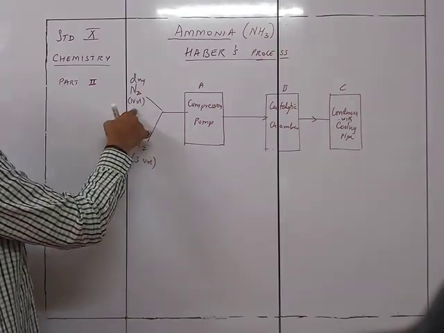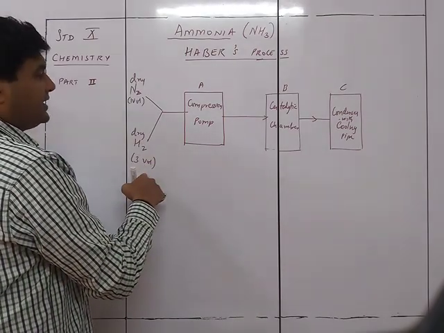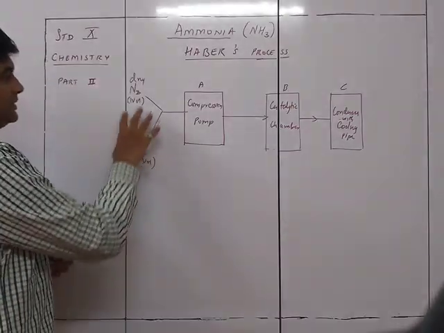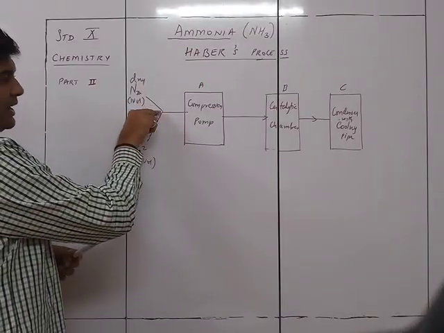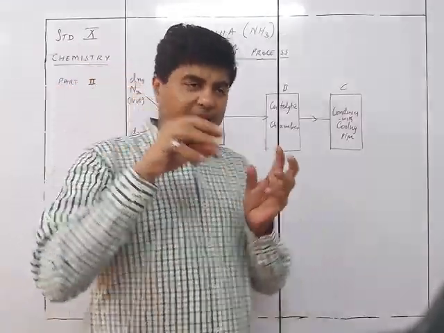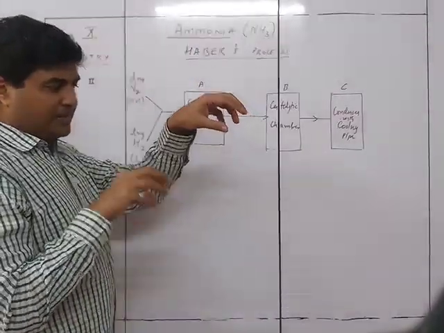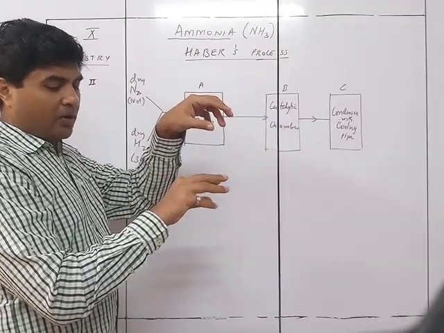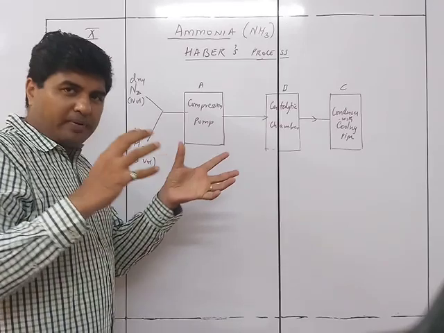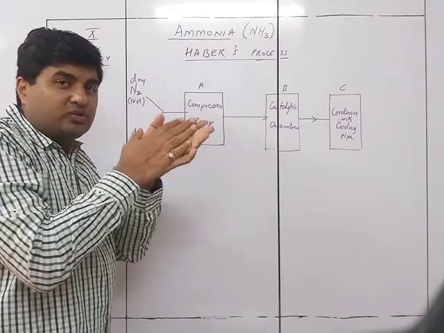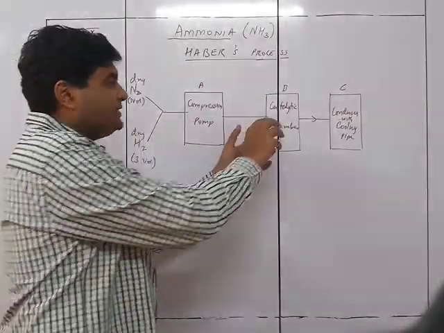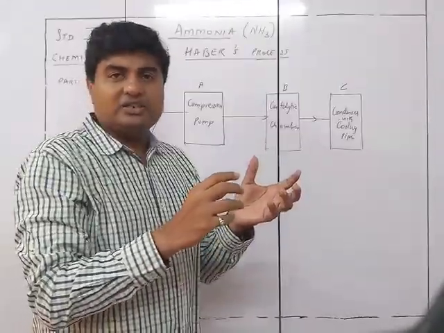So 1 volume of nitrogen and 3 volumes of hydrogen is taken in as the raw material, and they are made to pass through a compression pump. The compression pump will compress them so that the miscibility is more, and then it is made to pass into the electrically heated catalytic chamber.